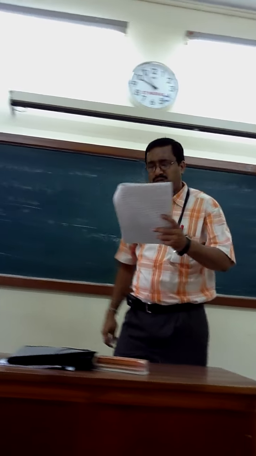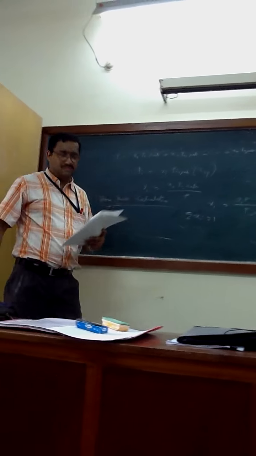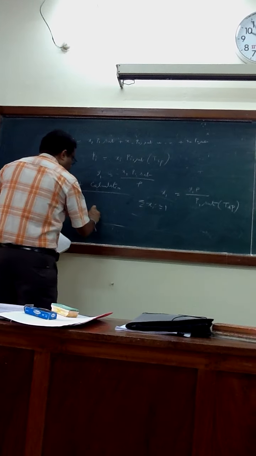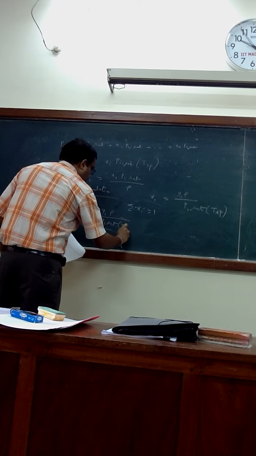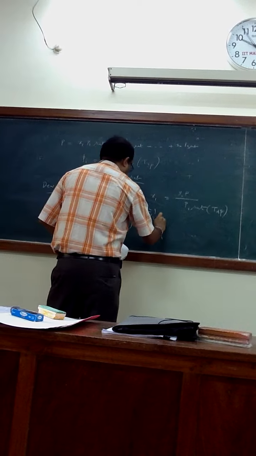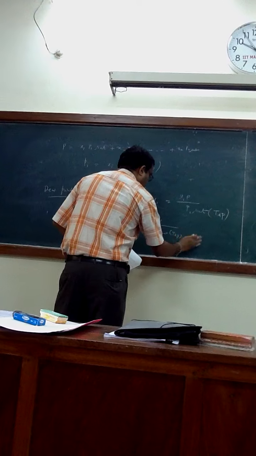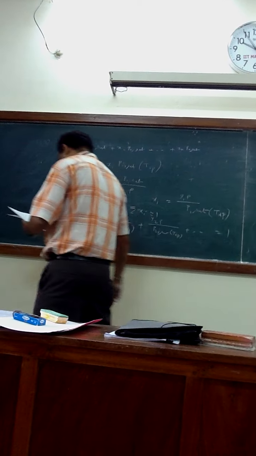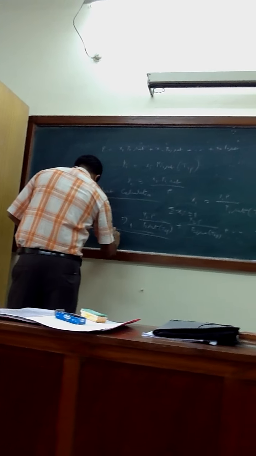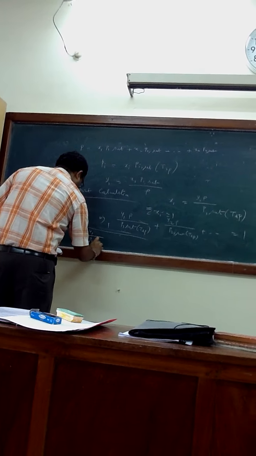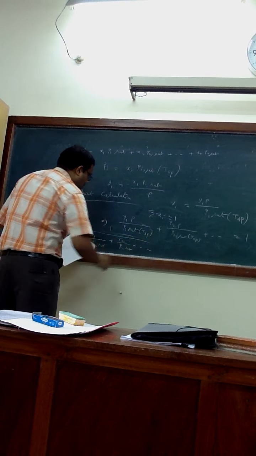The temperature is very important. And remember that summation xi equals 1. If summation xi equals 1, we can write y1 P by P1 sat at Td plus y2 P by P2 sat at Td equals 1. So P is 1 by y1 by P1 sat plus y2 by P2 sat and so on.